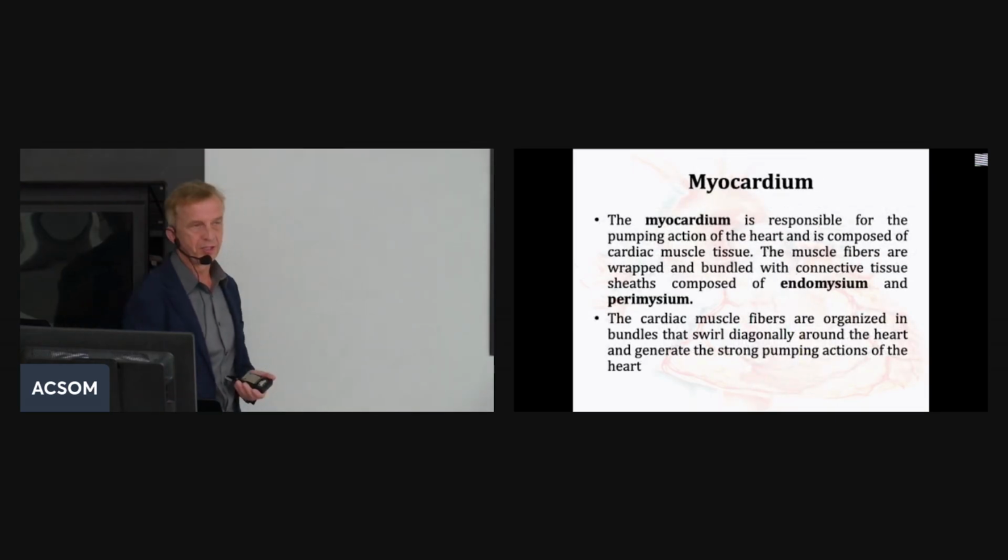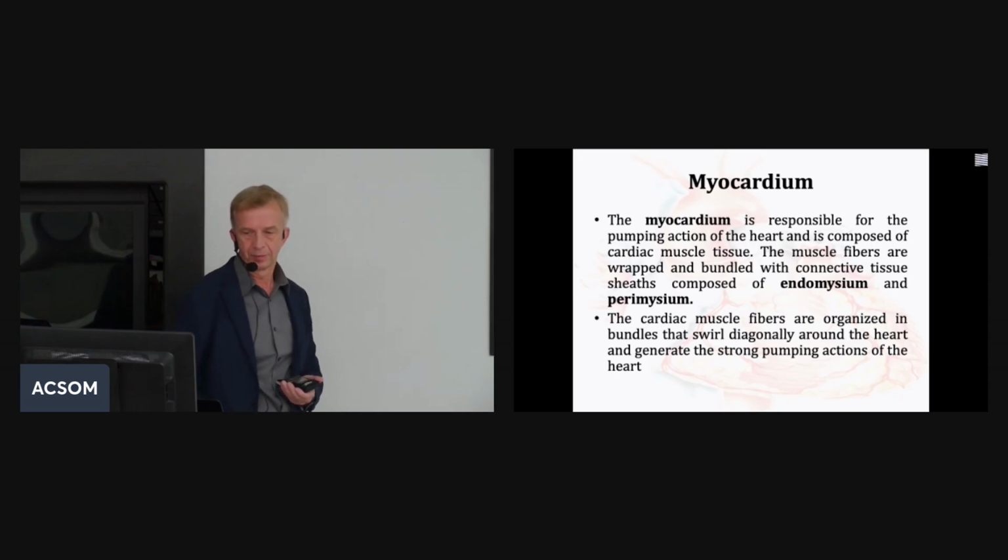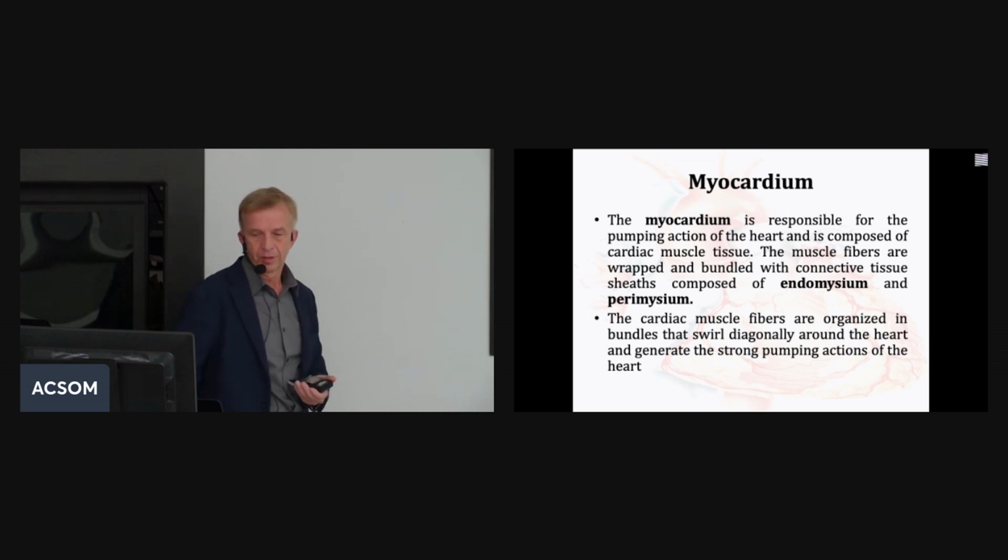So let's talk briefly about the myocardium, which is formed by the muscle fibers, which are connected and bundled with the endomysium and perimysium. The cardiac fibers are organized in different anatomical layers, and I'll show you here.